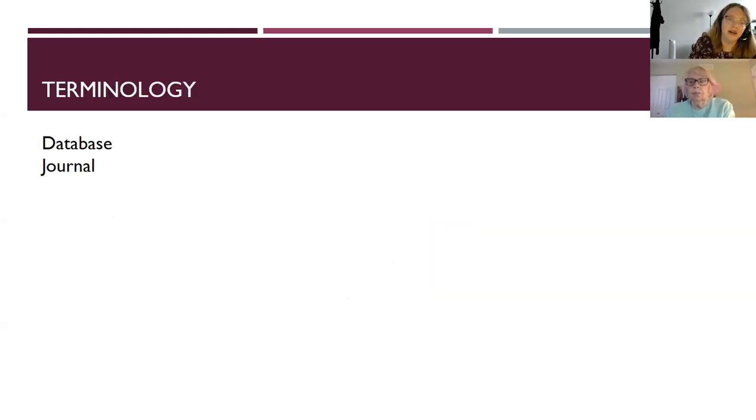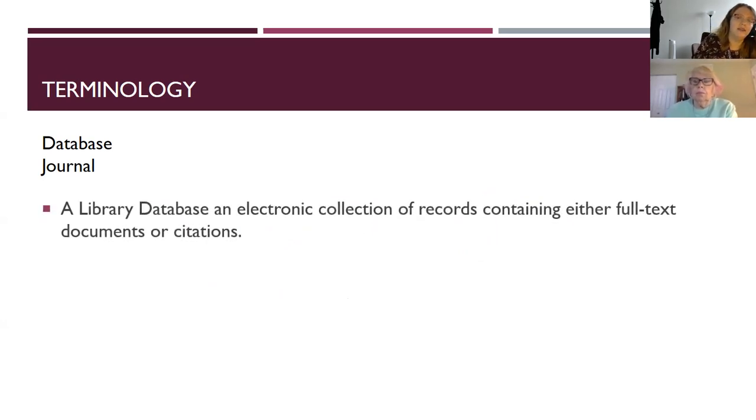All right, so some terminology I want to talk about is database and journal, because sometimes that can get confusing. So the database is the collection of records, so different articles from different journals, okay? And typically you can go into the database and pull out a record with full text, okay?